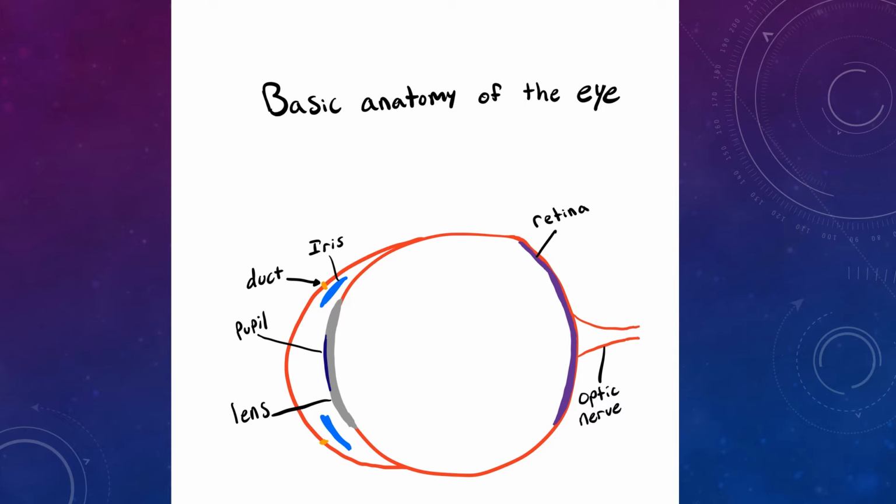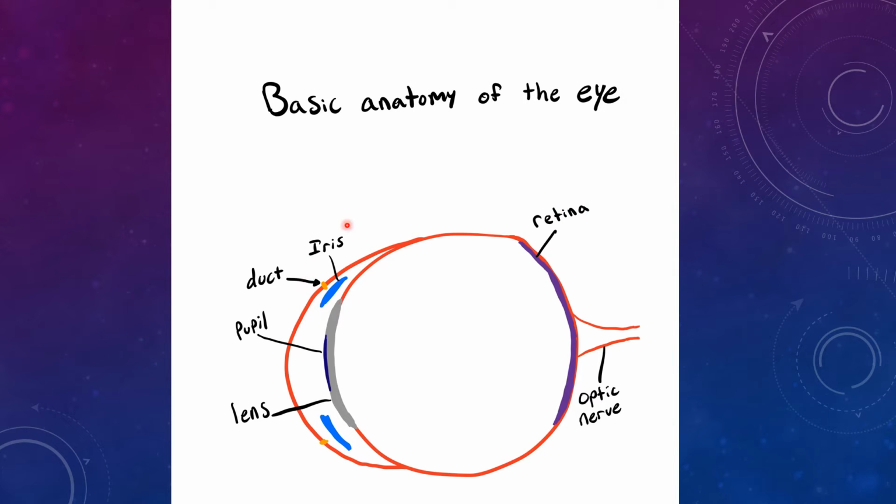First, I want to review the basic anatomy of the eye. So, first off, we have the optic nerve here. This is what sends all the signals from the eye to the brain. And we have the retina, which is what transfers the light into an impulse to the nerve.